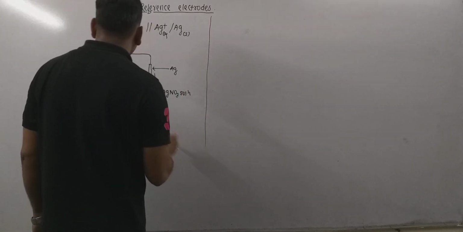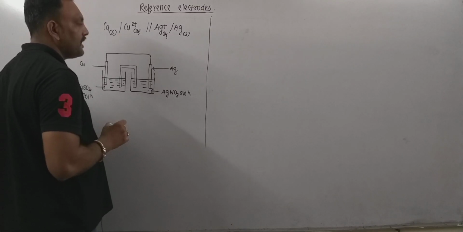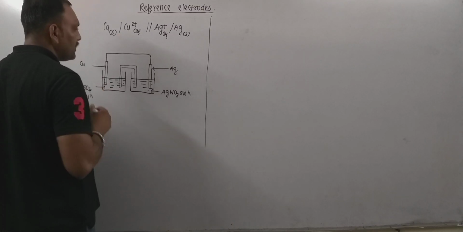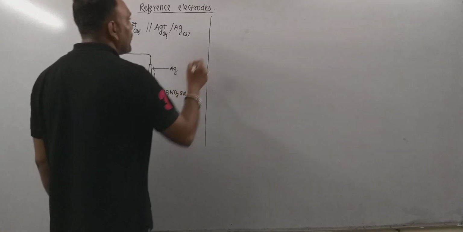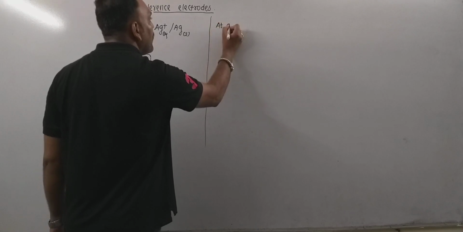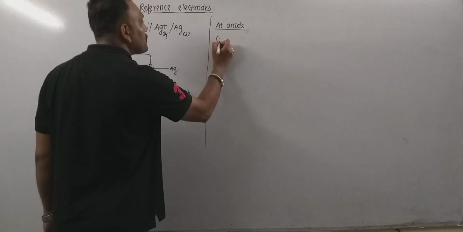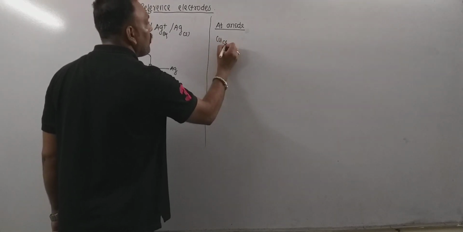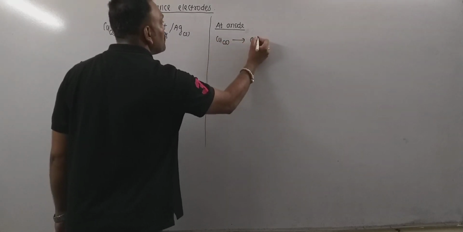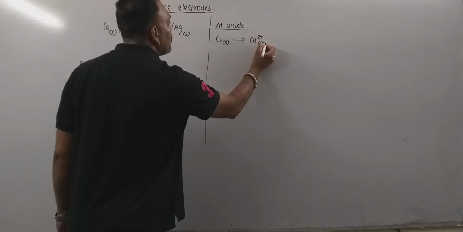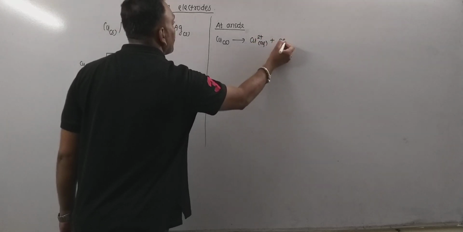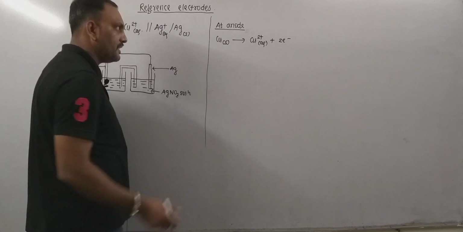Look, copper is acting as anode as oxidation takes place on it, and silver is acting as cathode. So at the anode what happens? We know very well that oxidation takes place. So copper oxidizes producing copper ions, and electrons are liberated in the process of oxidation.